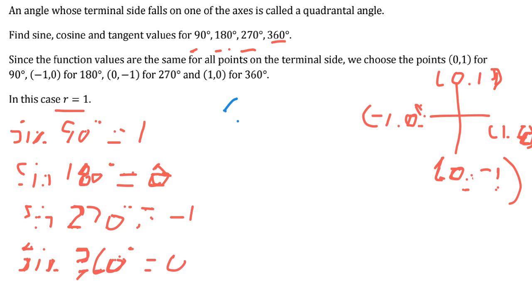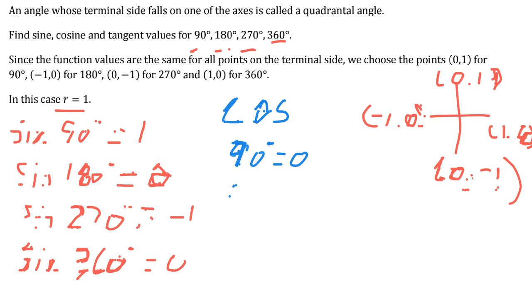Cosine of 90 is x over r. R is 1. 0 over 1 is 0.